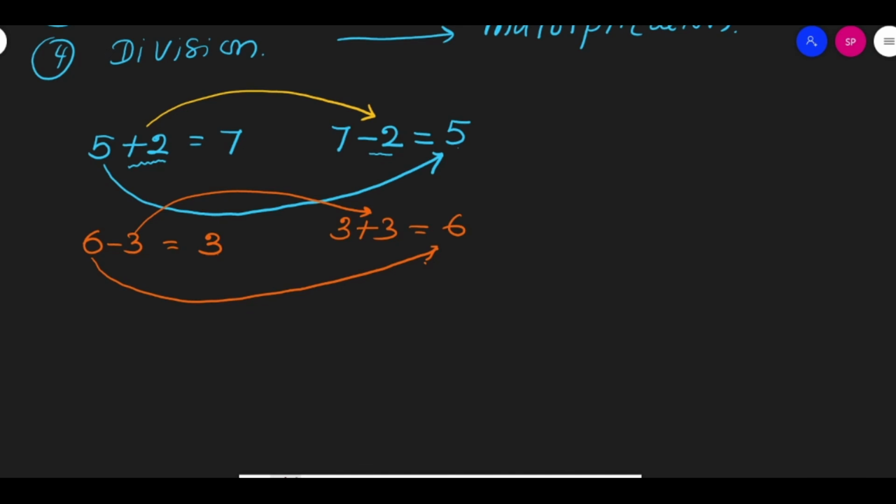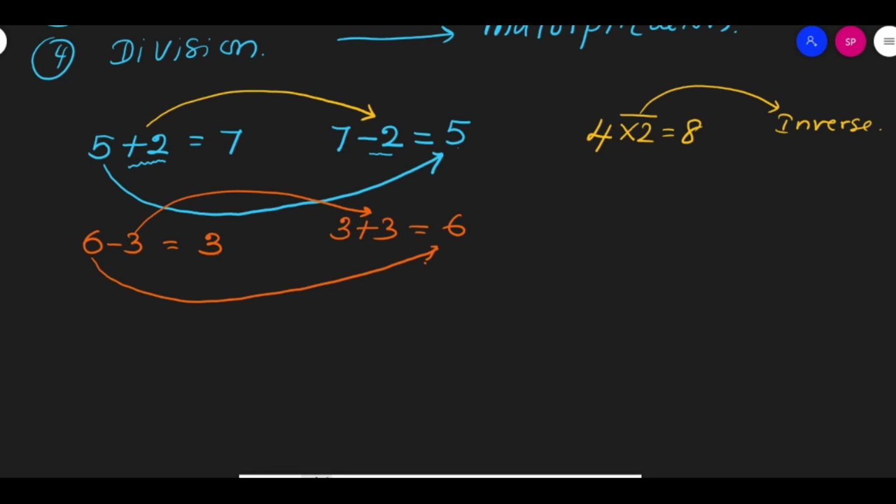So I will explain another example. 4 into 2. Look at this. It is 8. So what is the inverse of multiplication? Inverse of multiplication is division, no?